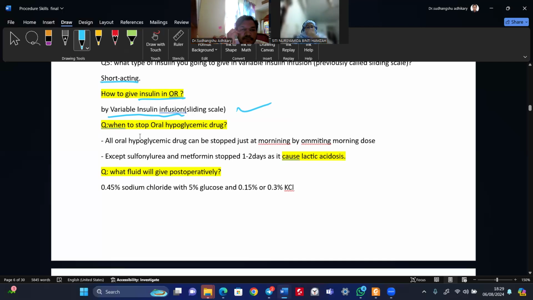When to stop oral hypoglycemic drugs? All oral hypoglycemic drugs can be stopped just in the morning by omitting the morning dose, except sulfonylurea, and metformin should be stopped 1 to 2 days before as it causes lactic acidosis.